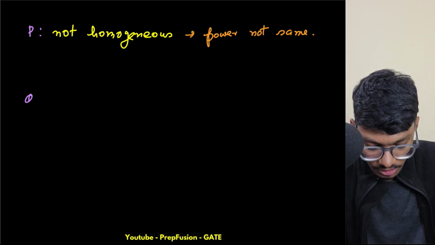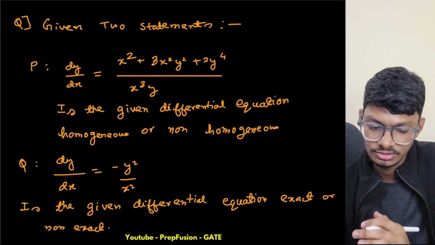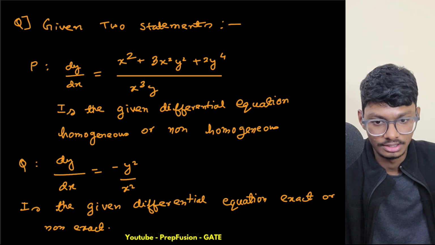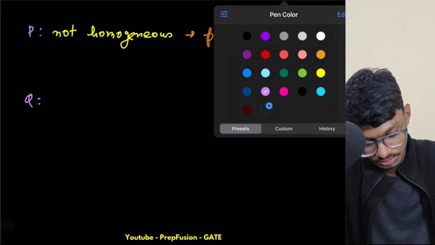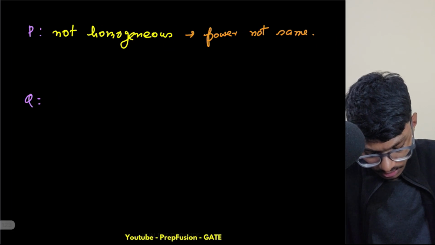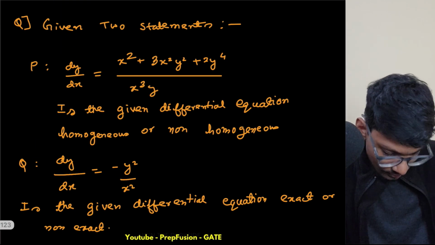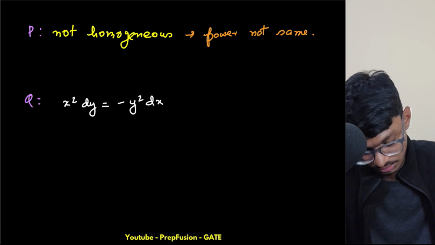Let's go for the Q statement. For exactness, you have to convert this into the standard format, M dx plus N dy. So let me rearrange this one. It is dy dx, so it will be x square dy equals minus y square dx.